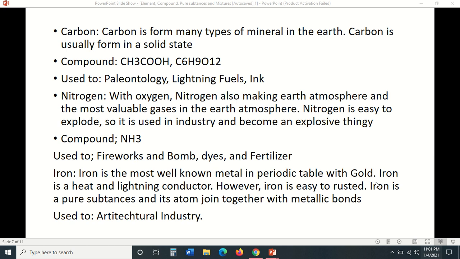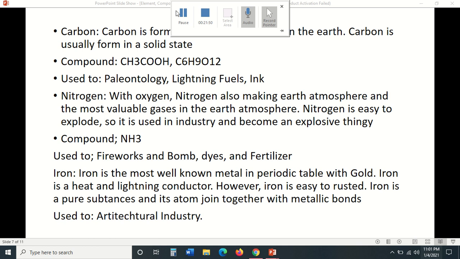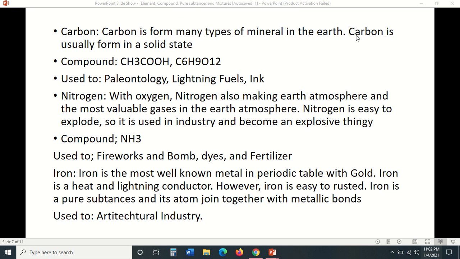So oxidation is a process, and rust is the result.